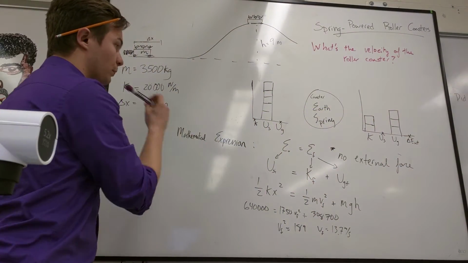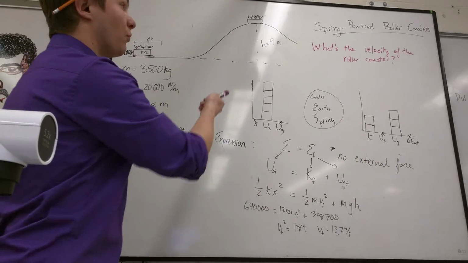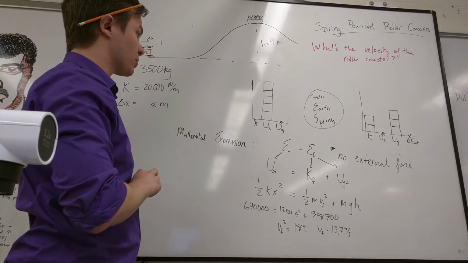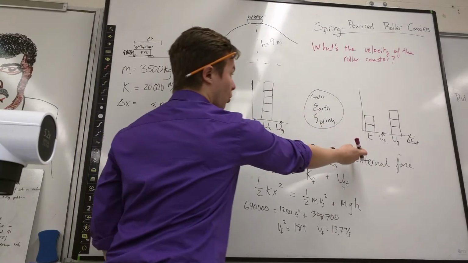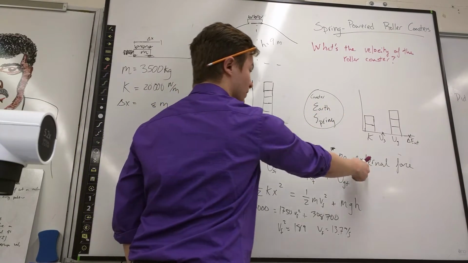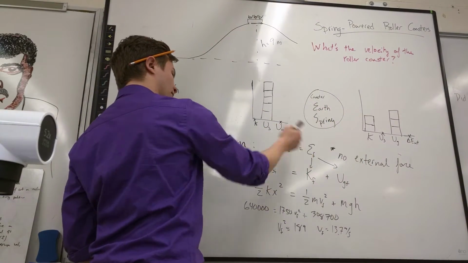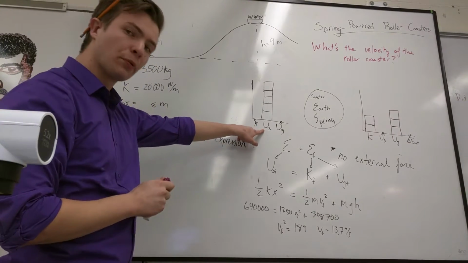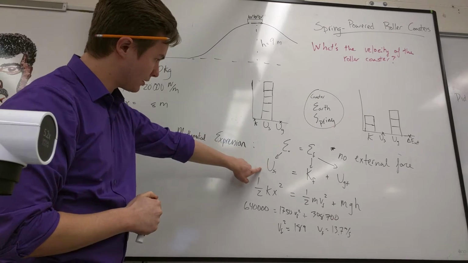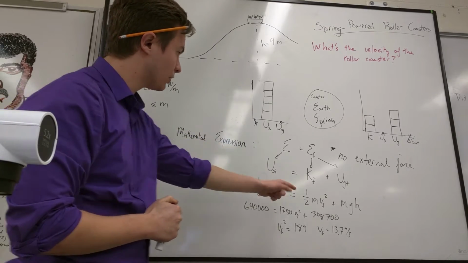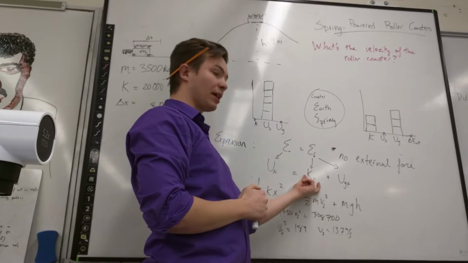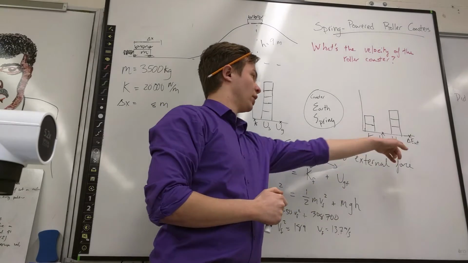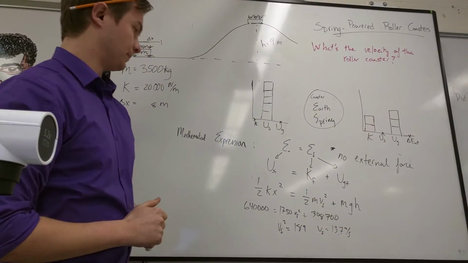Now the mathematical expression to start to solve for the velocity of the roller coaster would look something like this. There's no work acting on my system, so I can say initial energy will be final energy. The only initial energy I have is the spring, and I'll say that that's U_S,i, i for initial. That equals my kinetic energy final plus my gravitational energy final.